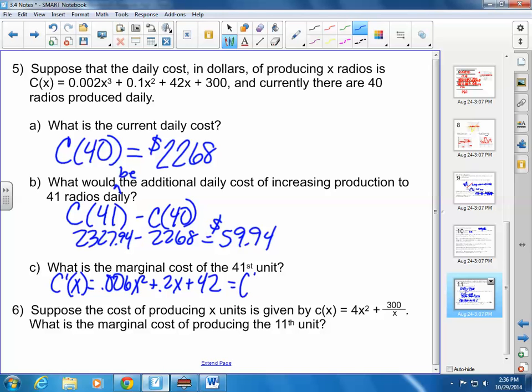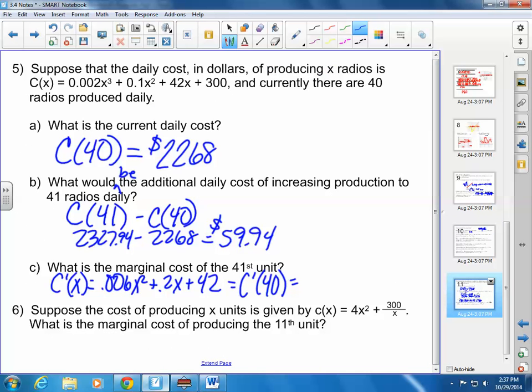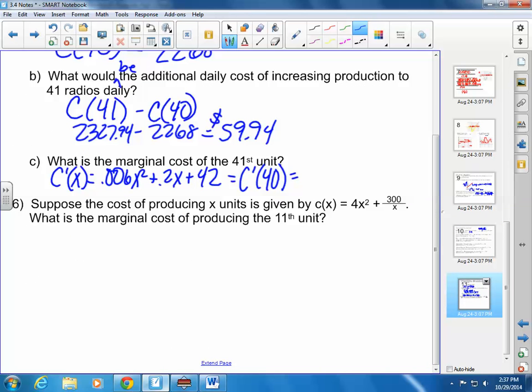Why wouldn't you just do 41? It says the marginal cost is given by the derivative of the cost function at x. Try plugging in 40 and telling me what you get. Let's start there. I should have worked this out better. 59.60. See how that's approximately 59.94?